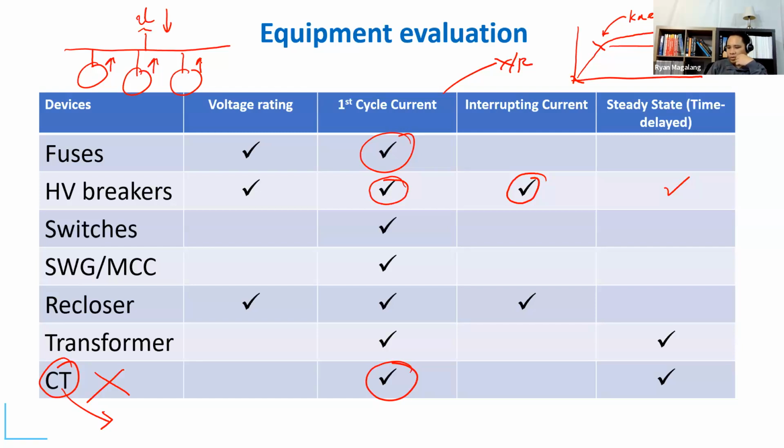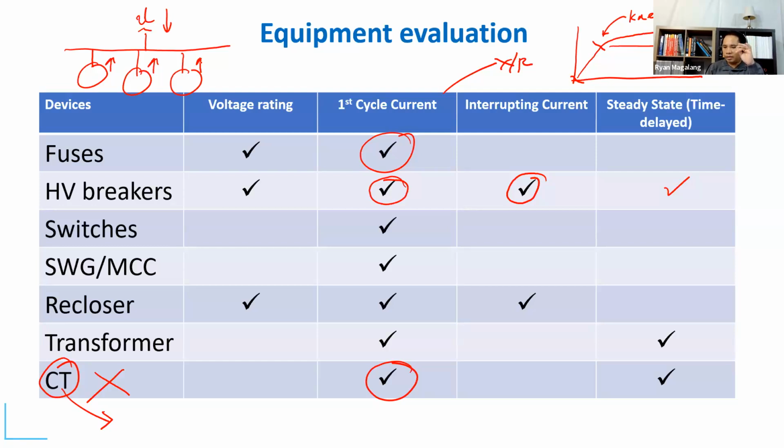Three phase. Normally when you conduct analysis, you have to do two types of calculation: three-phase fault, which is normally the severe fault with some rare exceptions, and single line to ground.